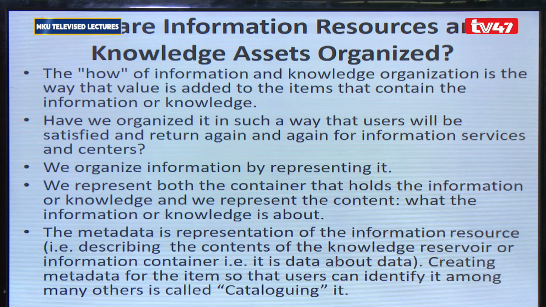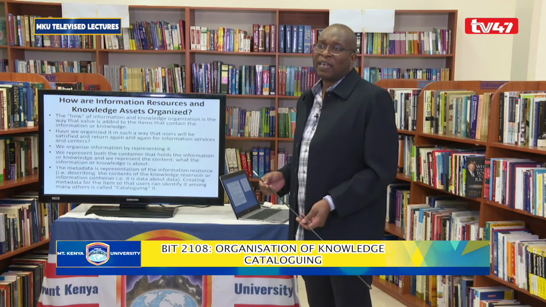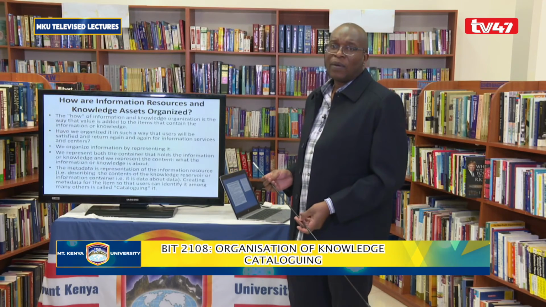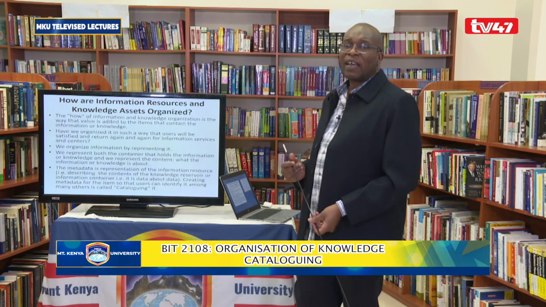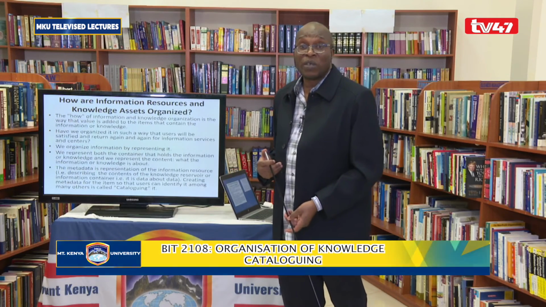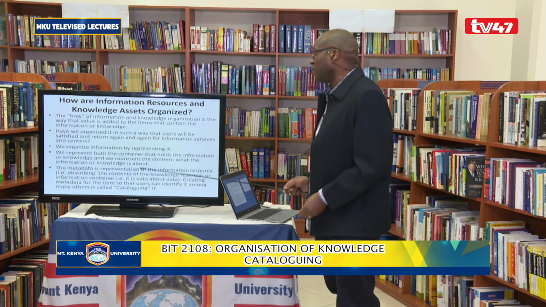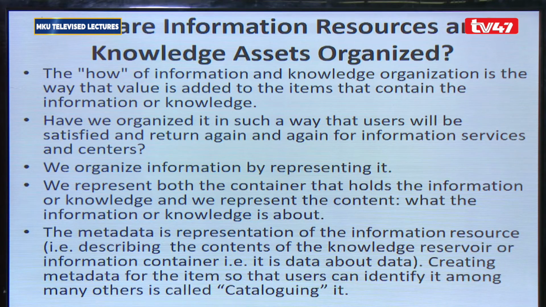Using the analogy of the supermarket, supposing you identified something like a juice that you want to buy. It has the expiry date, the date of manufacture, it has the name, the quantity, and the price. Those are attributes that can be used to describe the type of juice that you want to buy. So metadata is the description or the representation of an item in a collection.